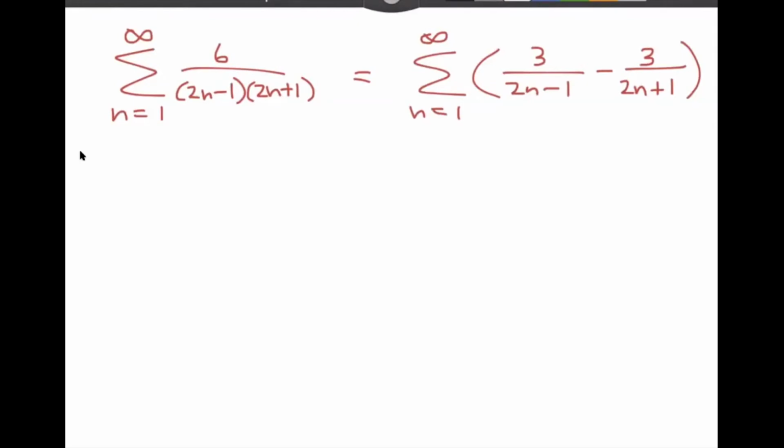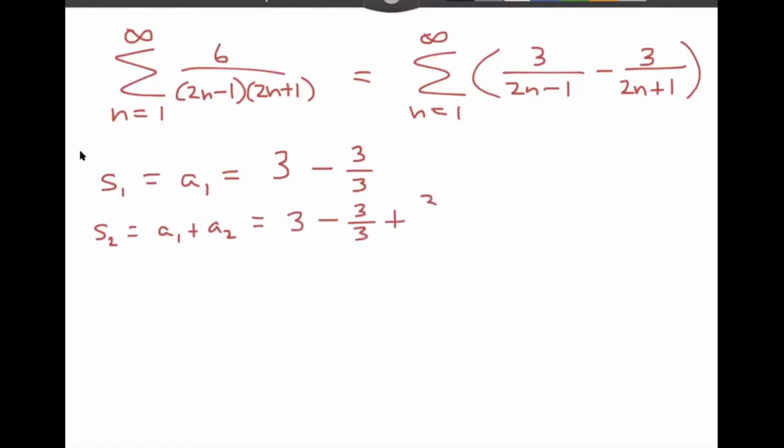All right, so hopefully you've got that all worked out. The first partial sum would be A1, which is 3 over 1 minus 3 over 3, and I'm going to leave it just like that. Second partial sum would be A1 plus A2, which would be 3 minus 3 over 3 plus 3 over 3 minus 3 over 5.